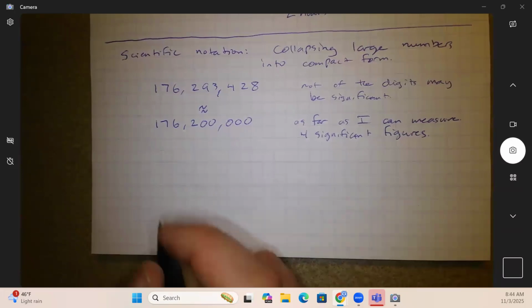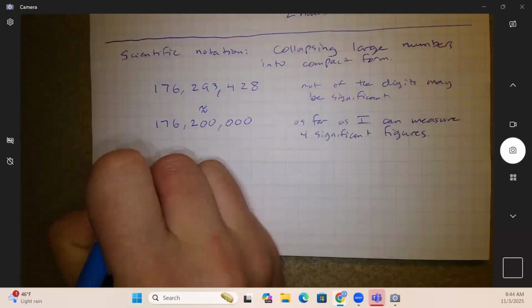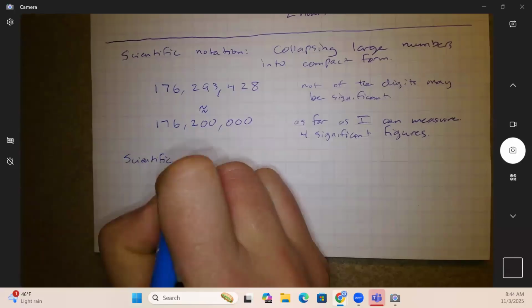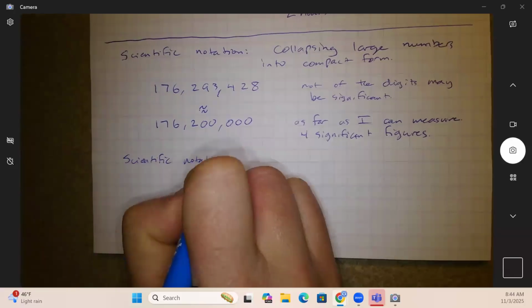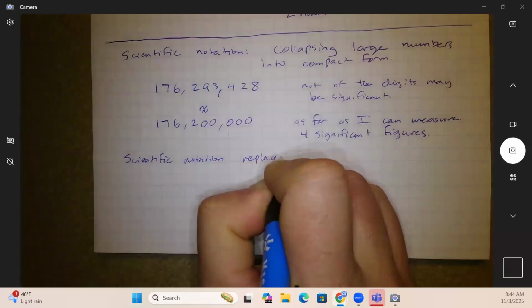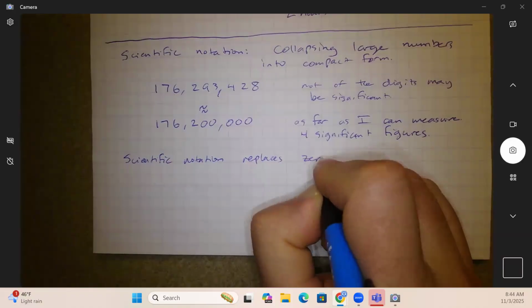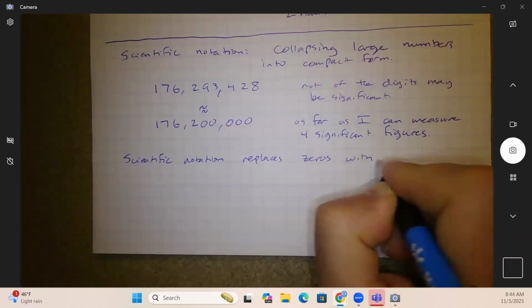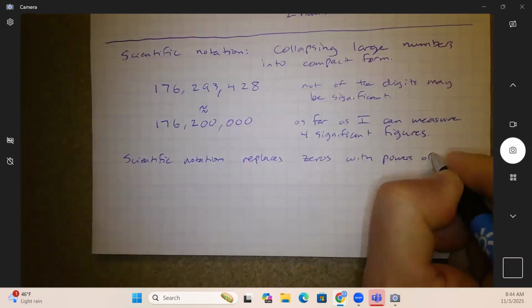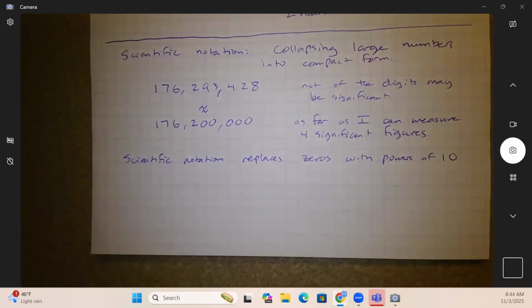So scientific notation replaces the zeros with powers of 10.